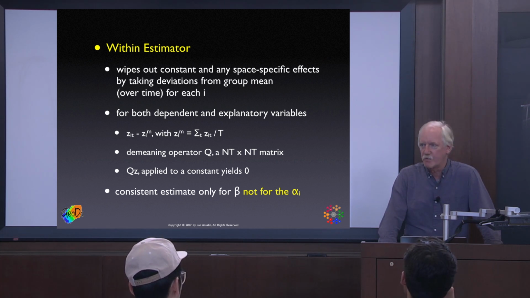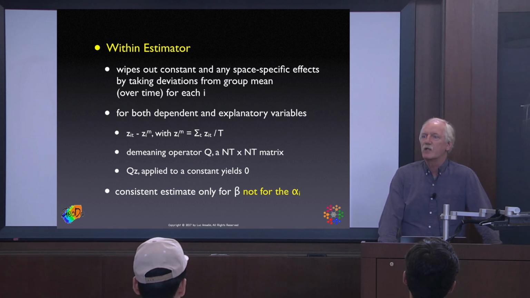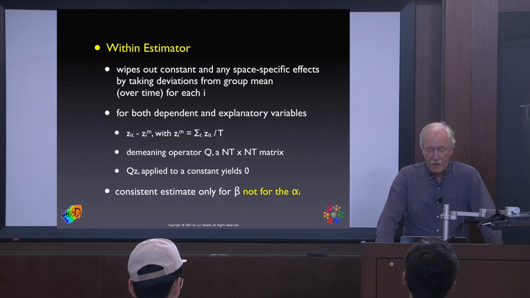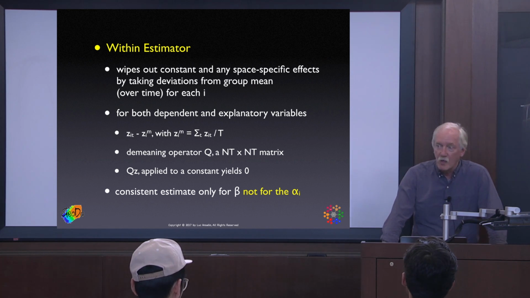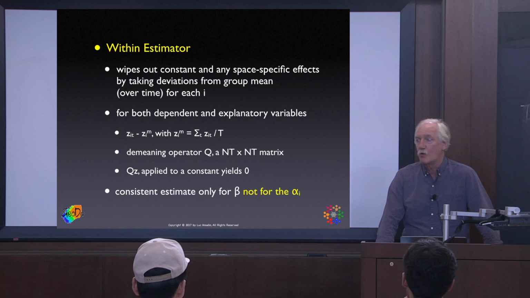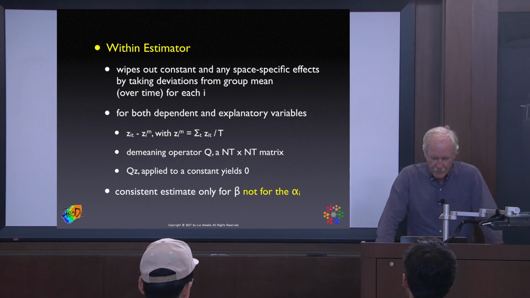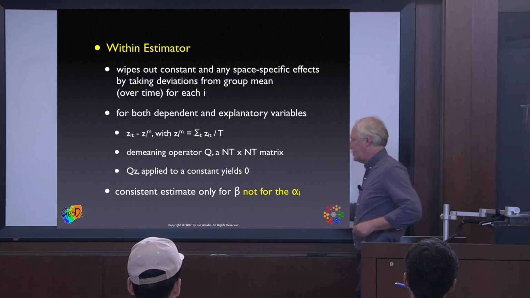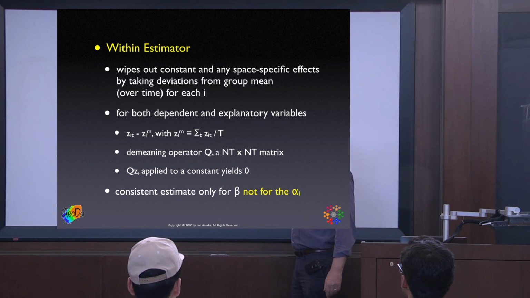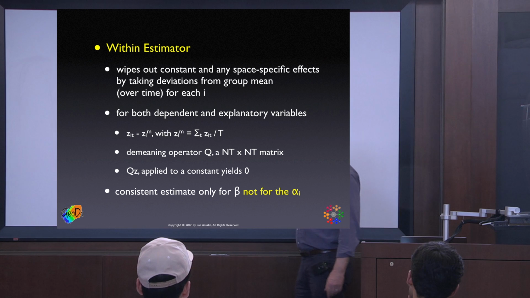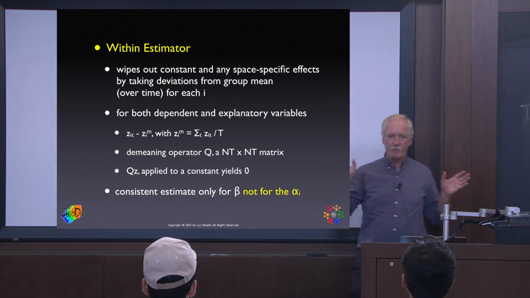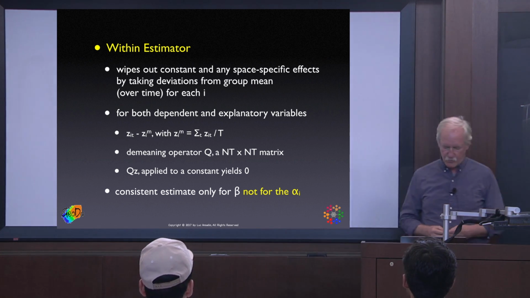Well, there are lots of tricks to avoid having to deal with NT by NT, and typically to try to limit something to an n dimension or a t dimension if you can. The thing about this demeaning operator, and we'll see it in matrix notation in a second, is that when applied to a constant vector, it just wipes everything out and you have 0.